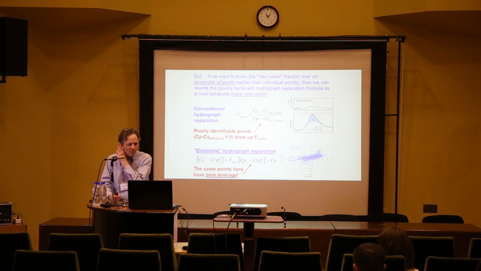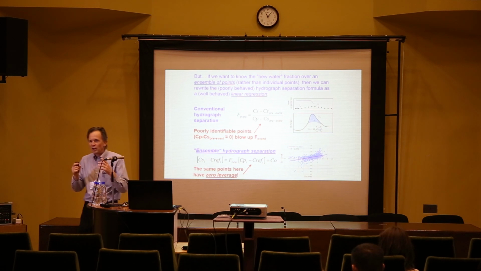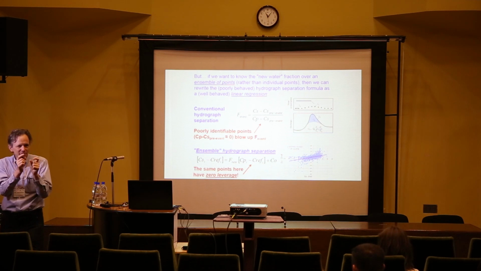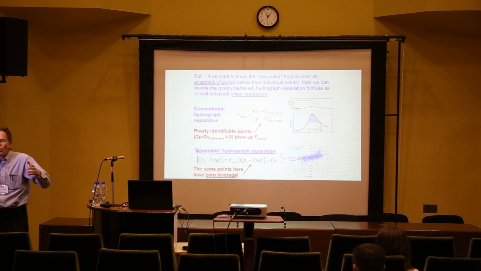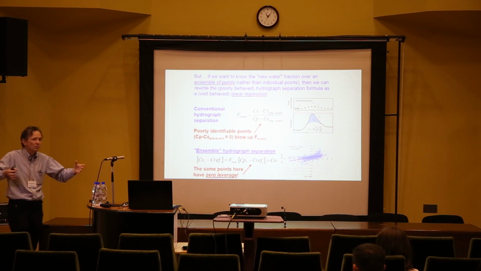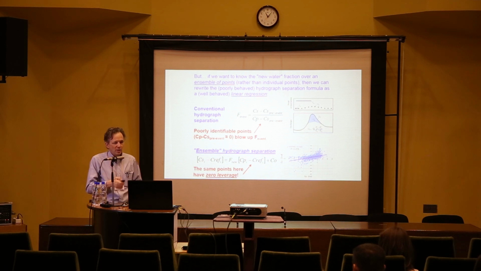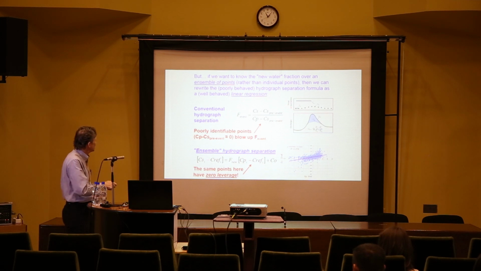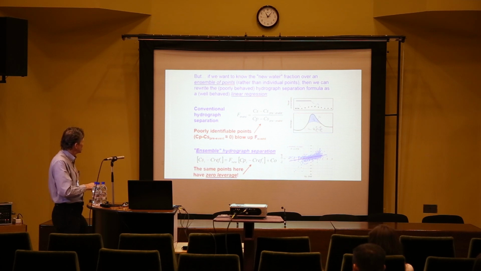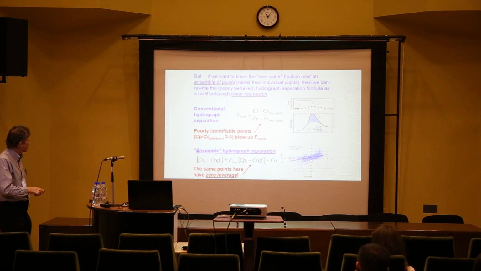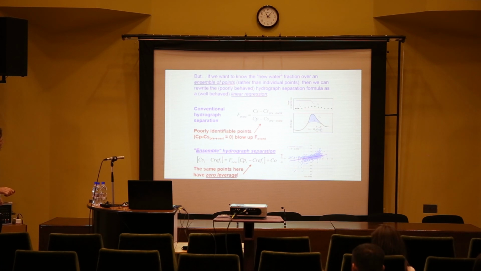So thinking about this problem, I realized that if we ask that question not about an individual rainstorm, but about a whole time series of months of data, you can convert this equation, the classic hydrograph separation equation, you can rearrange this mathematically to create what I call an ensemble hydrograph separation equation that is simply a form of linear regression, where we are plotting on this axis the variations in precipitation isotopes relative to the stream.